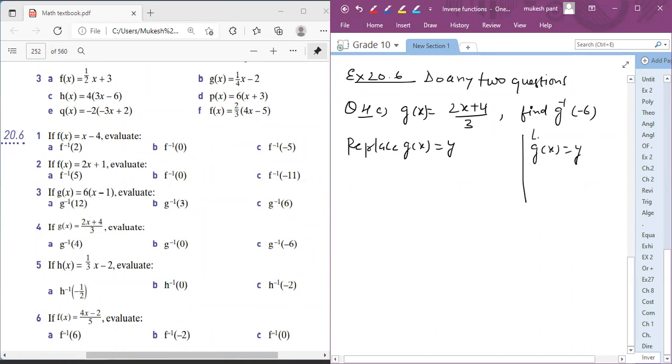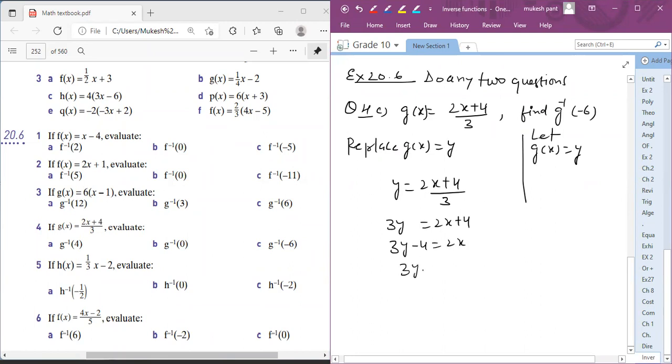We assume this. So this becomes y equals (2x + 4)/3. Now you know we have to make x the subject. 3y equals 2x + 4, then minus 4, and 2x divided by 2.